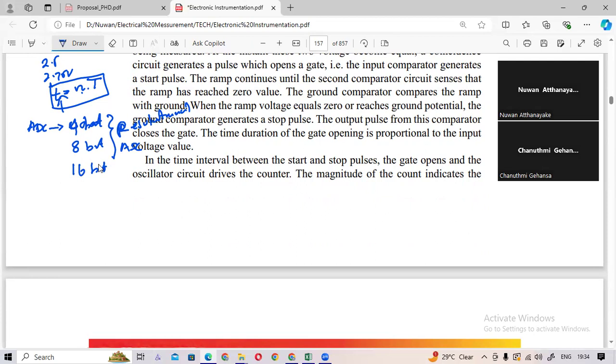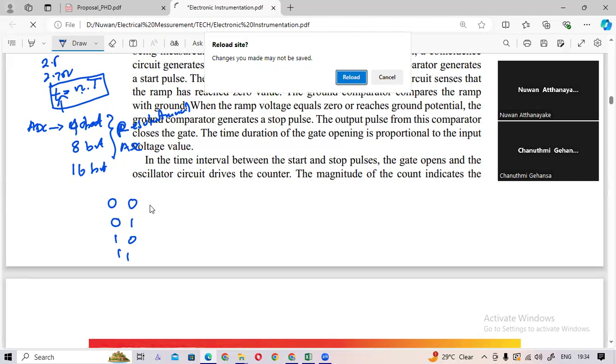So for example, if you use two bits to represent a voltage value, that means there are only 4 levels you can represent: 00, 01, 10, 11.